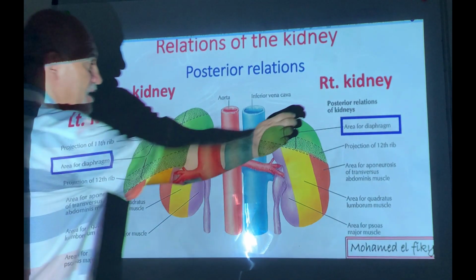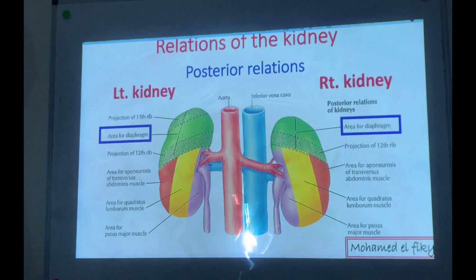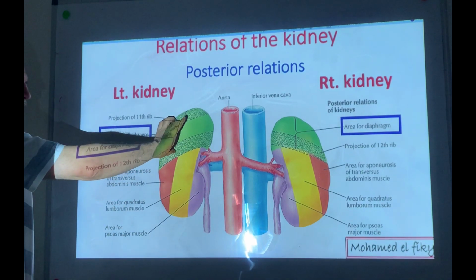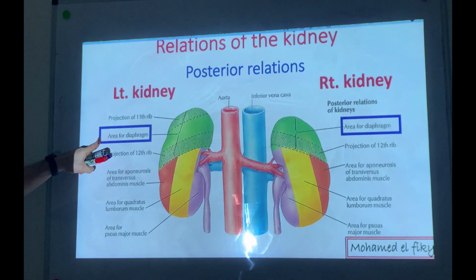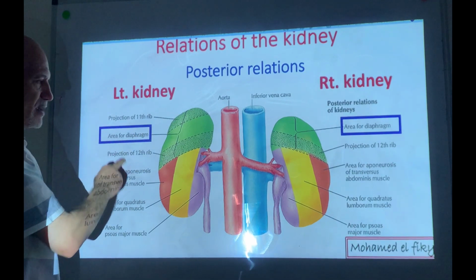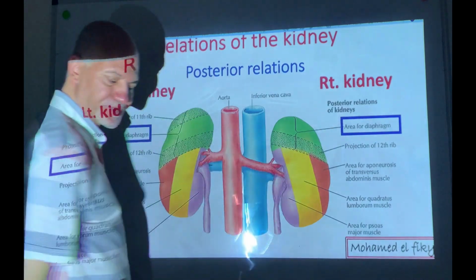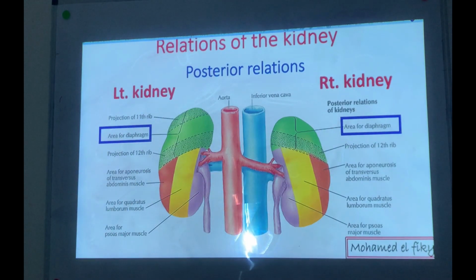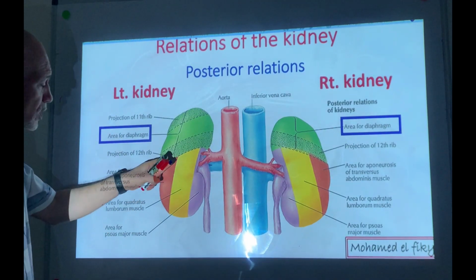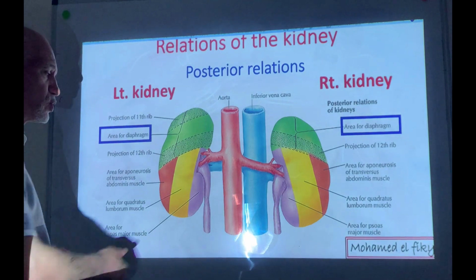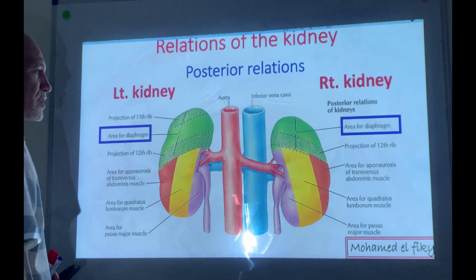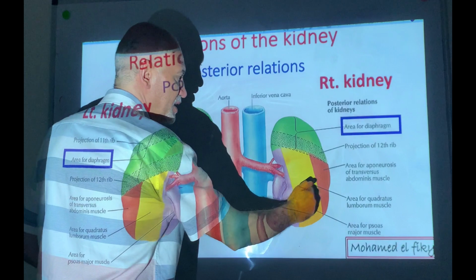This is the right kidney and this is the left kidney from the back. The upper area in green color is related to the diaphragm, right and left. And the lower two thirds are related to three muscles: medial, intermediate and lateral.